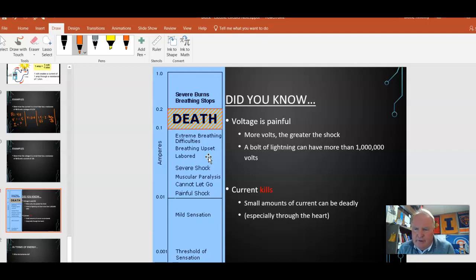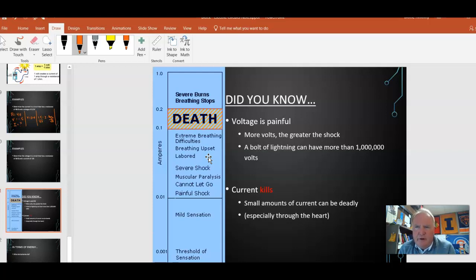But it's current that kills us. And we can hardly ever get a current up to anywhere near dangerous levels with a battery and the materials that we have in the classroom. But everything that comes out of the plugs in our houses and in our schools is deadly.